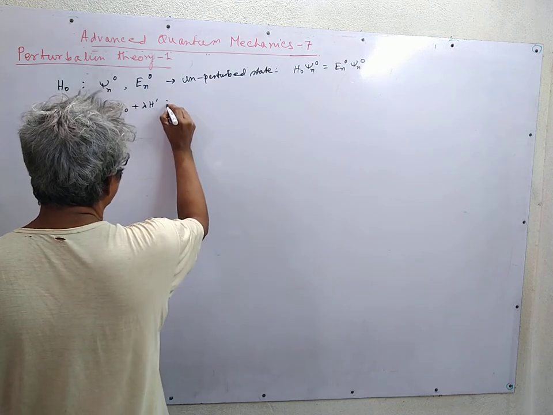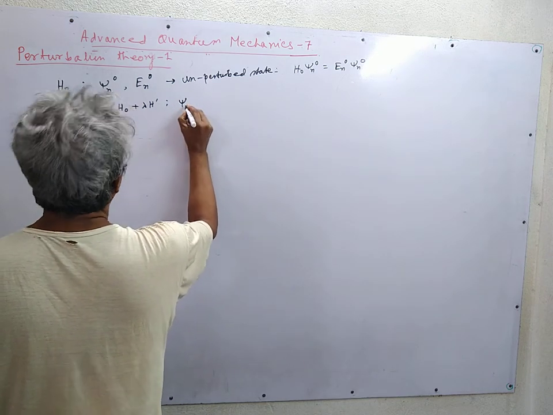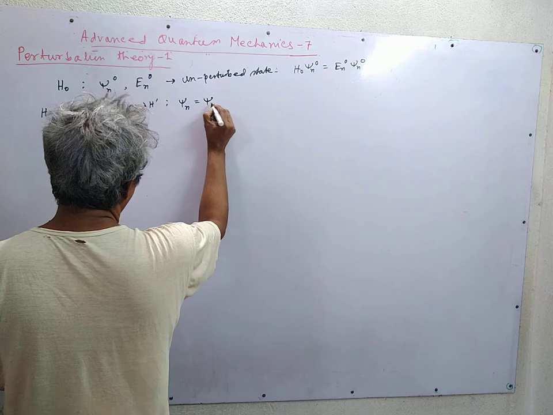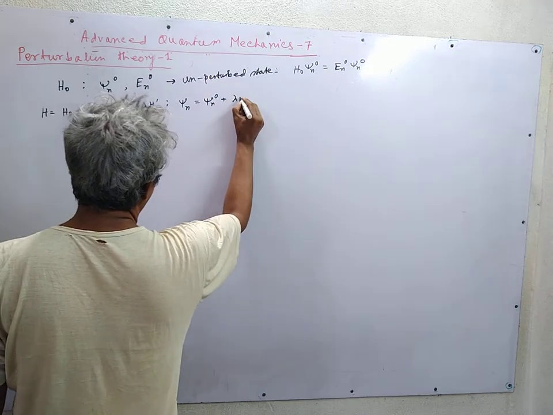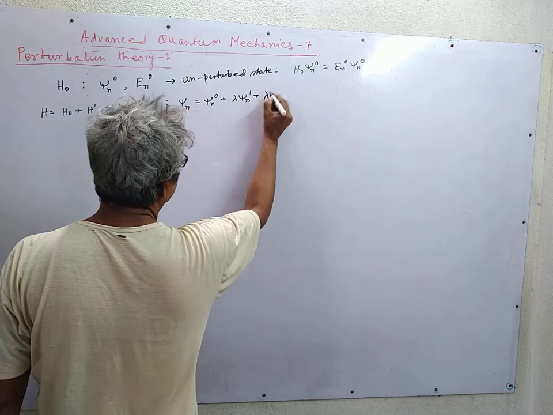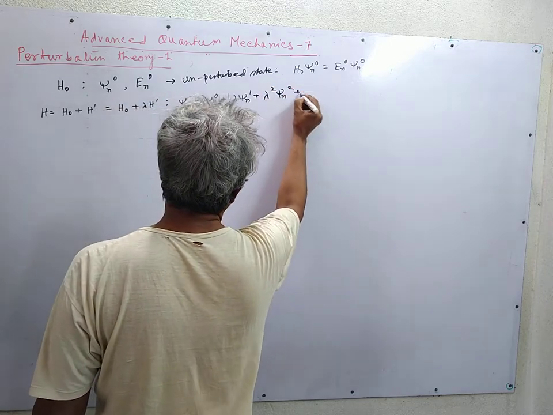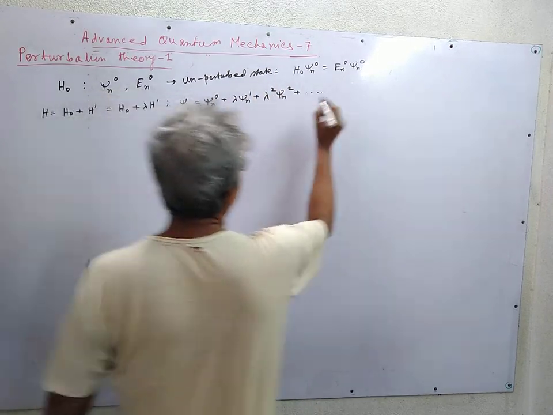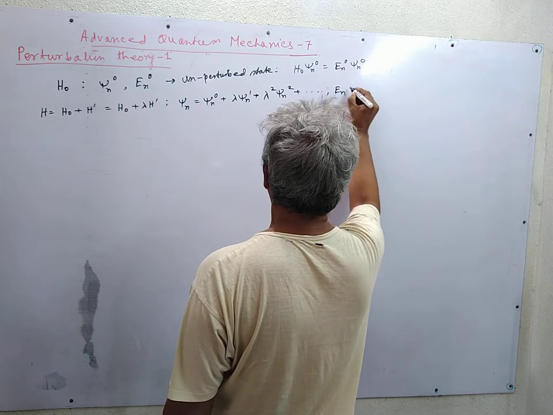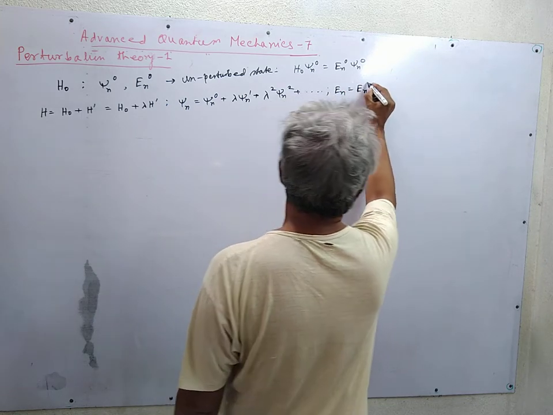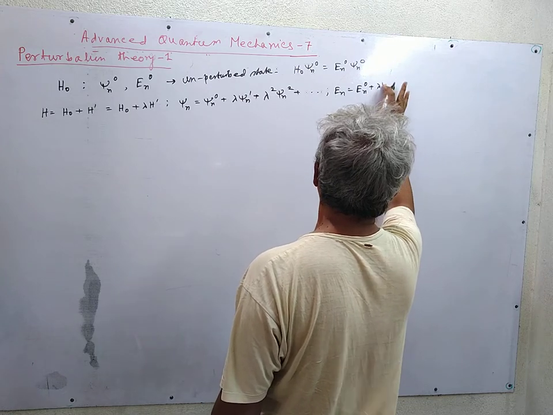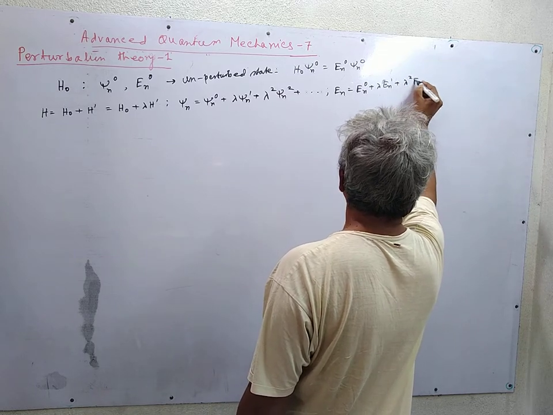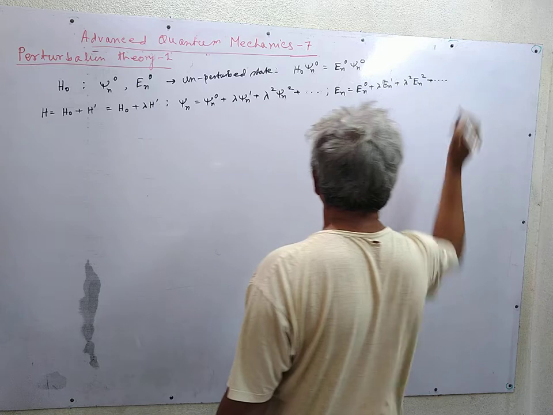The nth state wave function correspondingly changes to phi n0 plus lambda phi n1 plus lambda square phi n2, etc. These are the orders, and correspondingly energy becomes En equals En0 plus lambda En1 plus lambda square En2, and so on and so forth.